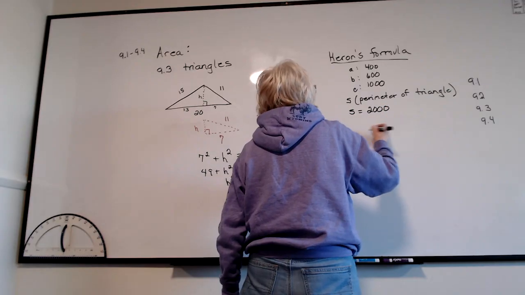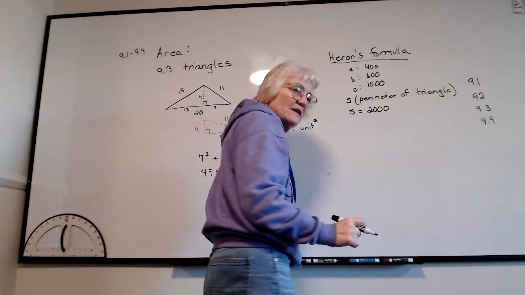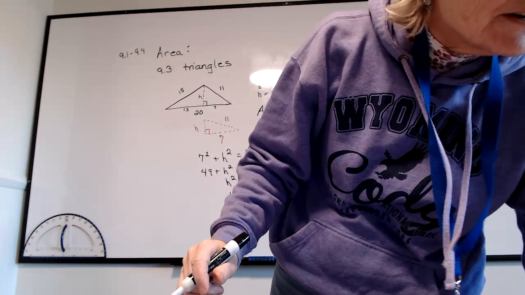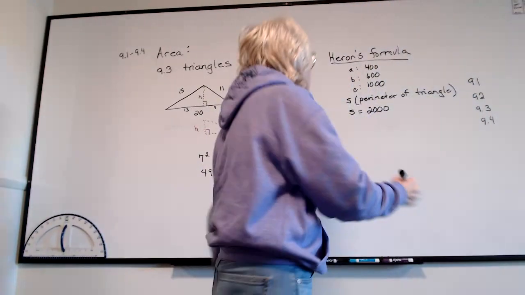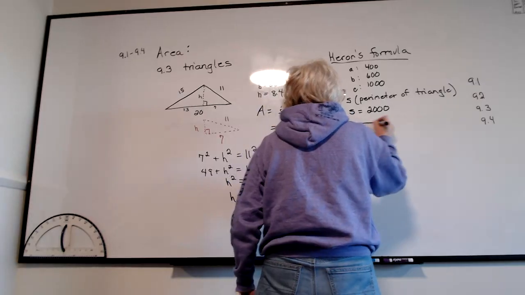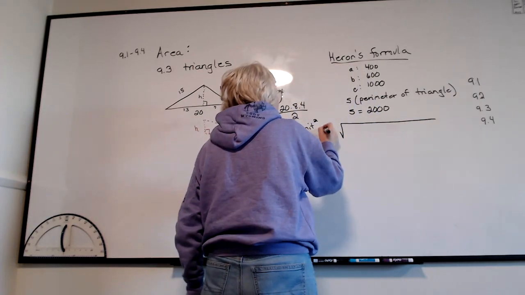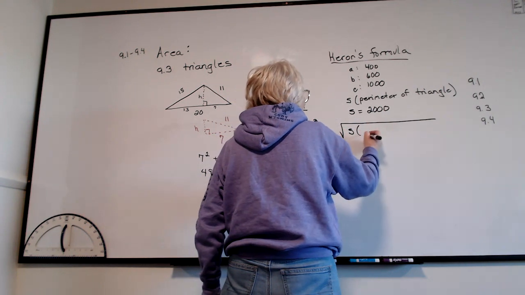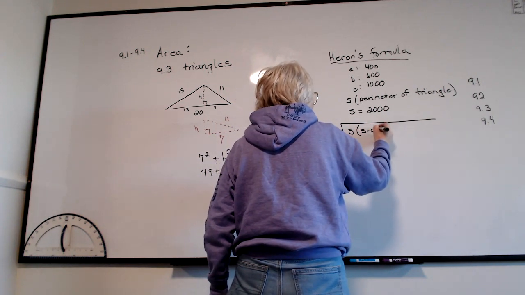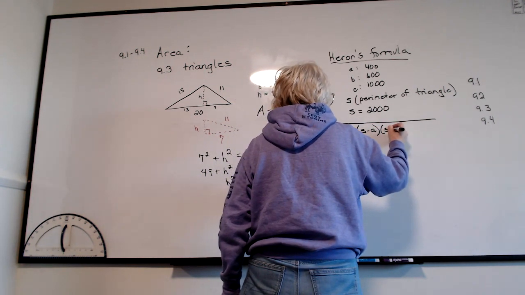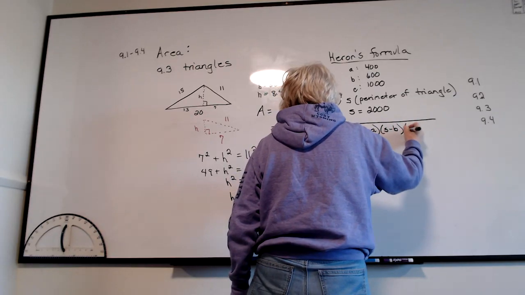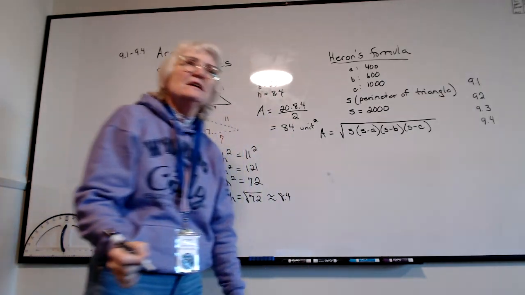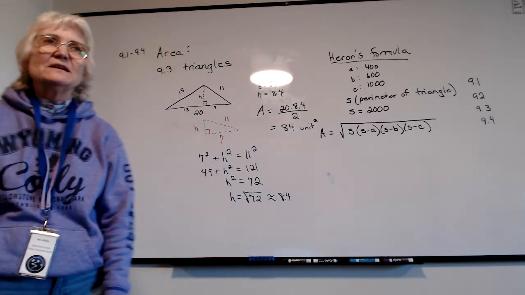So S in this case is 2,000, sorry. The formula for area, you can tell I don't use this very often, is the square root of S times S minus A times S minus B times S minus C. And that's what his formula comes out to be.